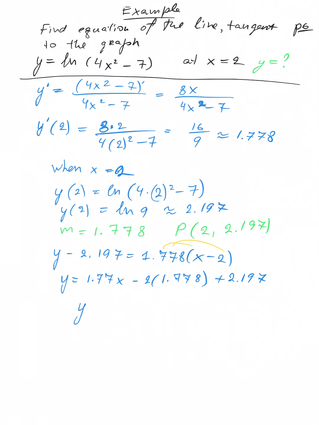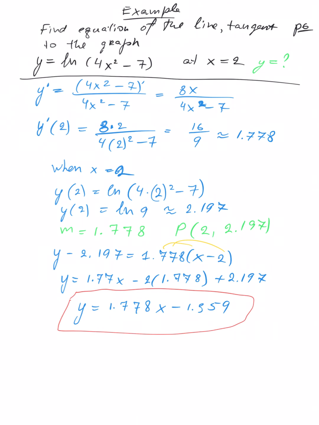It comes down to the final answer y equals 1.778x minus 1.359, and that's the equation of the tangent line at x equals 2, and of course as we figured out, y equals 2.197.